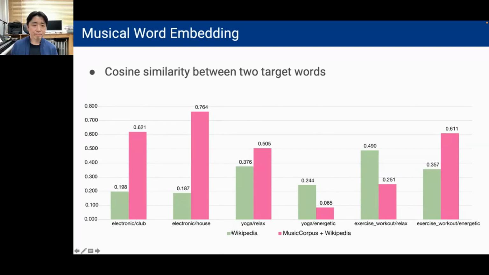Between yoga and relax, the musical word embedding tended to boost the similarity, which makes sense. Between yoga and energetic, which are somewhat contradictory, the musical word embedding tended to attenuate the similarity, which also makes sense.